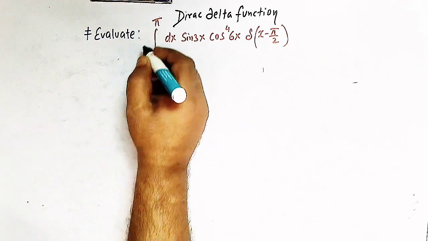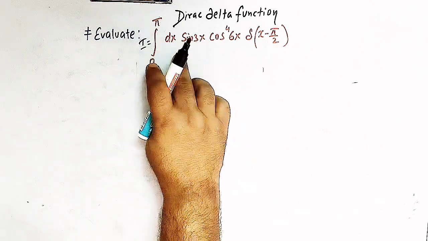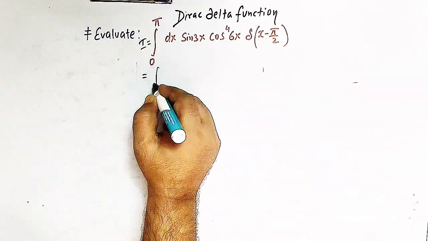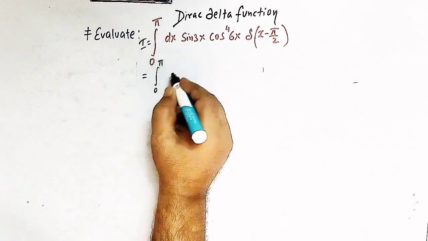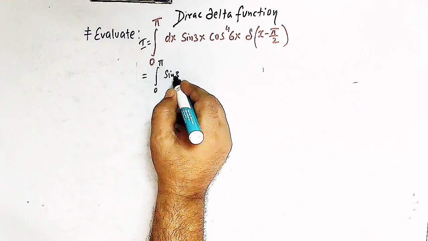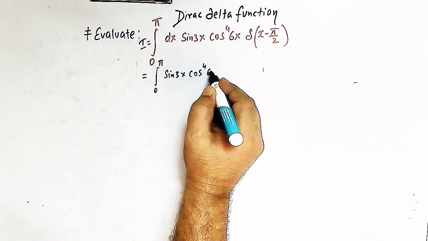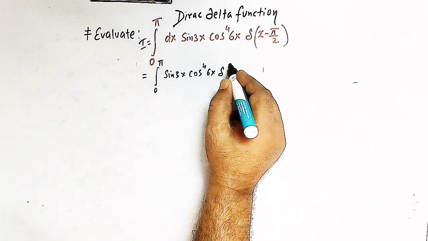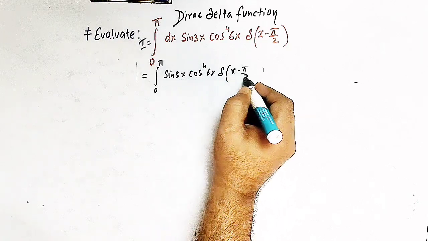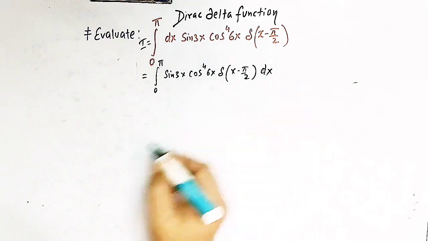So first of all, let us rearrange the terms. So we can write the integral from 0 to pi of sine 3x, cos raised to 4 of 6x, and delta of x minus pi by 2, dx.